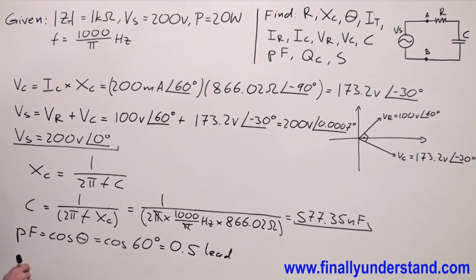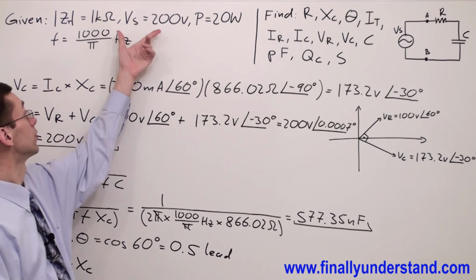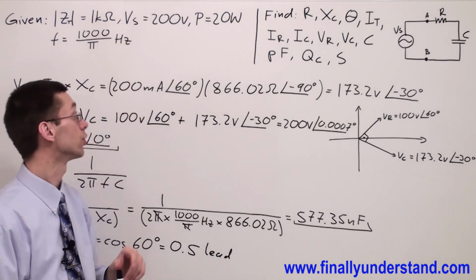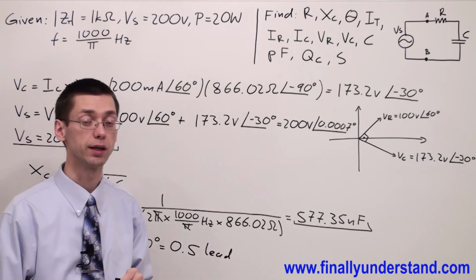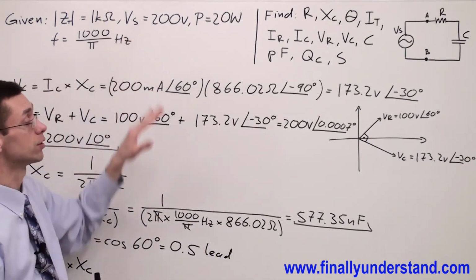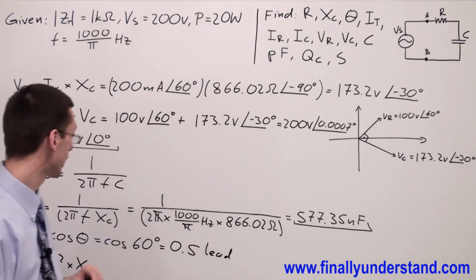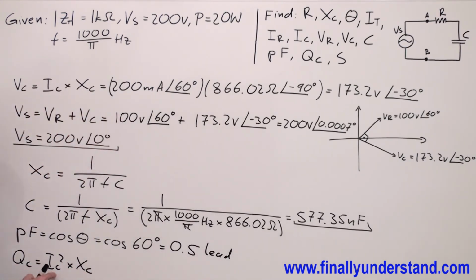So next we're supposed to find the reactive power, QC. I'm going to use the formula IC square times X of C, because this is my voltage source and it's not specified that this is peak or peak to peak, so I'm going to treat this voltage like an RMS. So the current which I found is also RMS. That's why I'm going to use this formula, IC square.